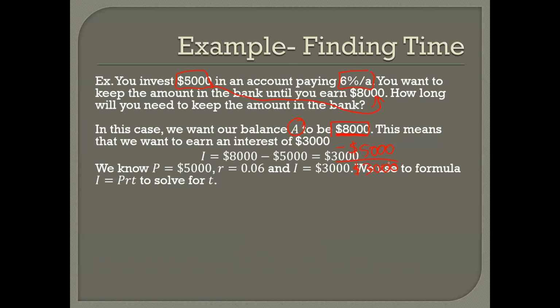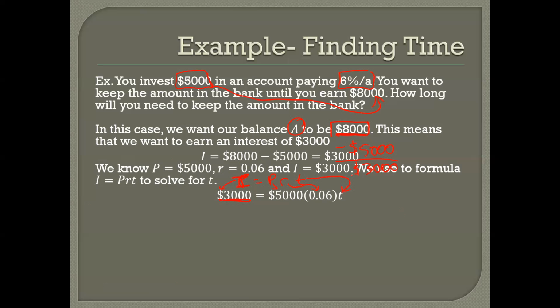So I can use all this information and sub it into my formula, which is I is equal to P times R times T, and I'm going to solve for T. I replace the interest earned with 3,000, the principal amount with 5,000, the interest rate with 0.06, and I leave the time as T, because we don't know what T is.